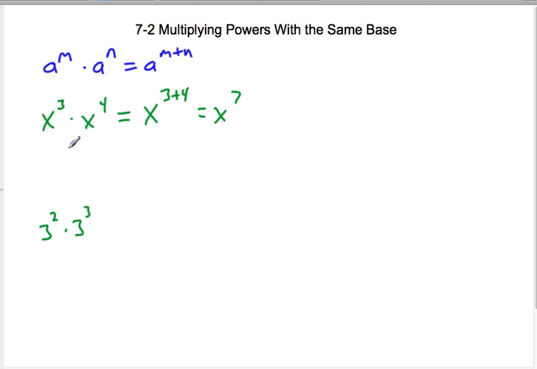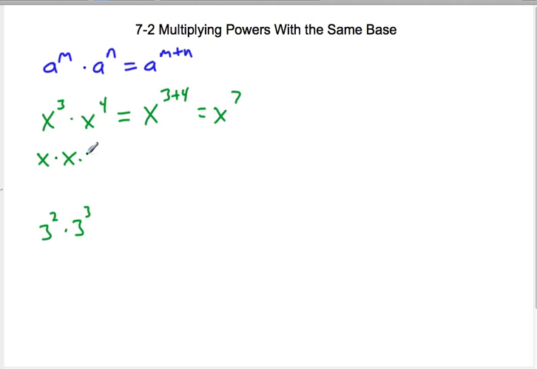It's easily provable by just writing out the exponential form into expanded form. So x to the third just means x times x times x. And then x to the fourth, actually I'm going to get rid of those parentheses.